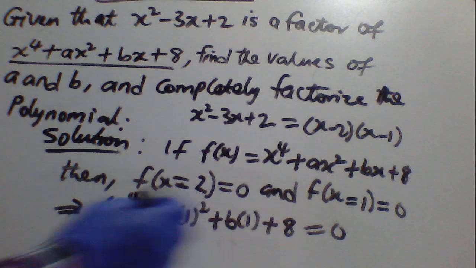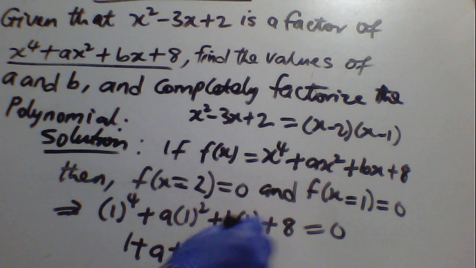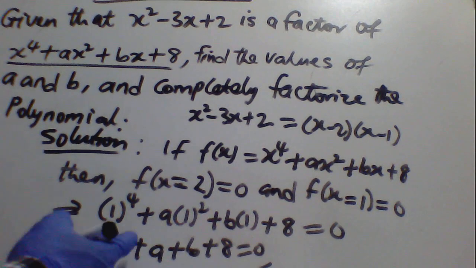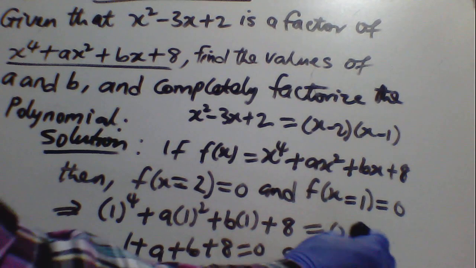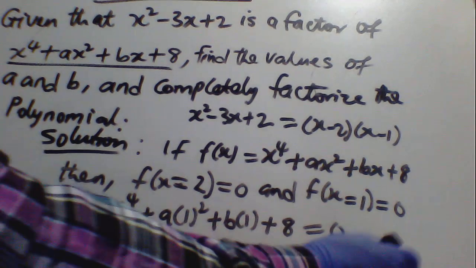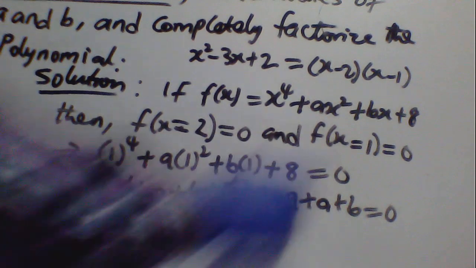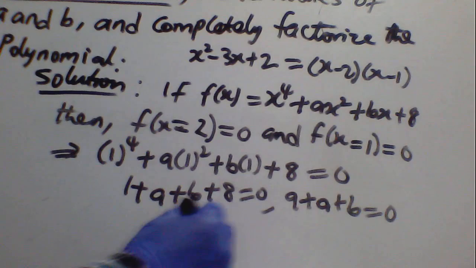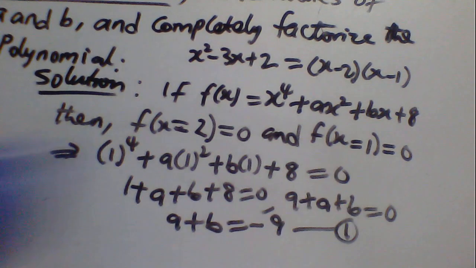So from here we have 1 plus a plus b plus 8 equals 0. 1 plus 8 is 9, plus a plus b equals 0. Let 9 go to the other side: a plus b equals minus 9. I can call this equation 1.